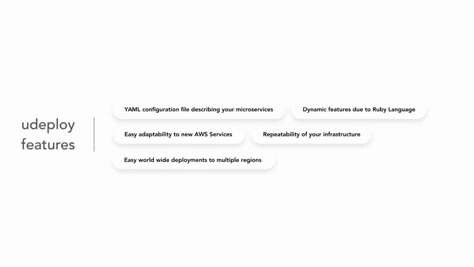Now, some of the udeploy features are a YAML configuration file describing your microservice and easy adaptability of new AWS services. When I say new AWS services, as soon as AWS releases a new service, and of course it is available as a CloudFormation template, it's easy for us to get that template translated into Ruby code and allow developers to use that immediately.